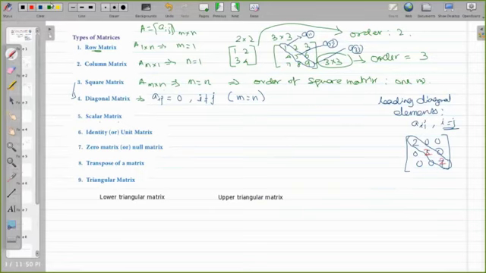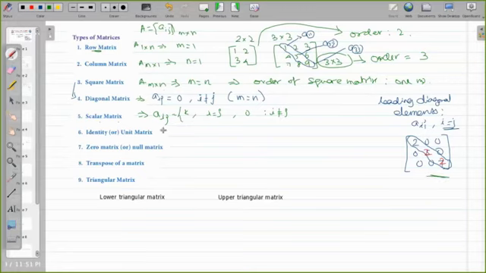So we can write this as a_ij is equal to some constant k when i equals j, and 0 when i is not equal to j. You understand, children? Scalar matrix means a_ij is k when i equals j, and a_ij is 0 when i is not equal to j. You can see this as the example.